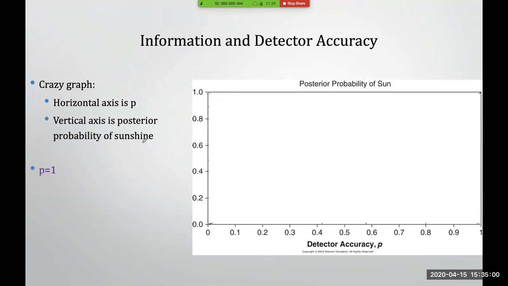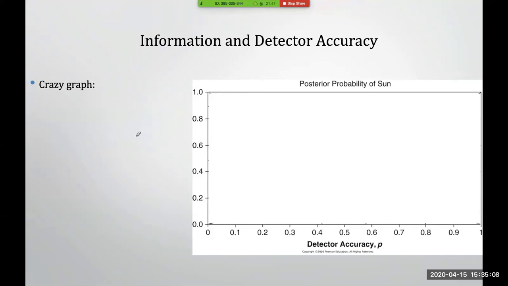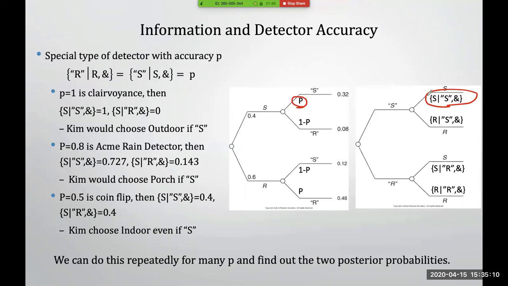What we're going to draw is the posterior probability of sunshine when the message is sunny. So what we're going to graph first is this probability. When the message is sunny, what is the posterior probability that the day is going to be a sunny day?